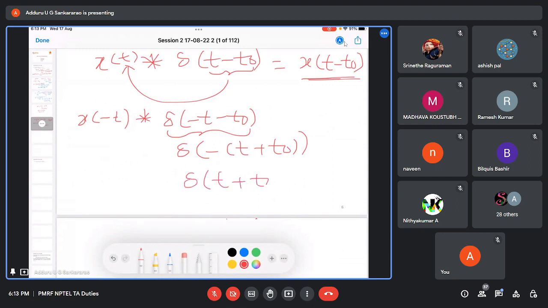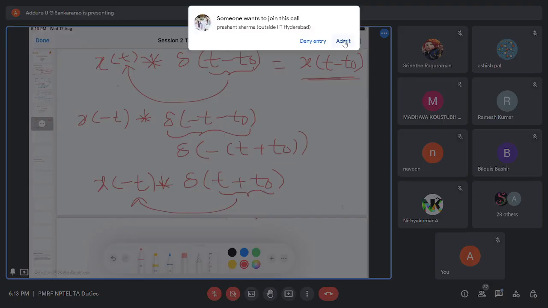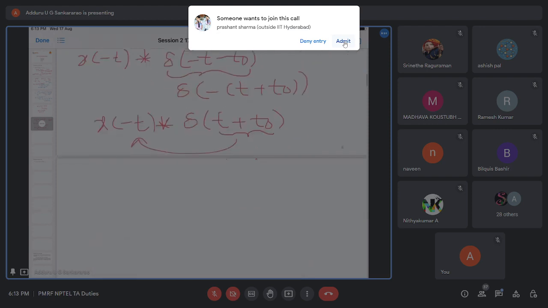Now the question becomes x of minus t convolved with del of t plus t naught. So using this convolution property, instead of t, you replace t plus t naught. So what you get is x of minus t minus t naught. The same option.